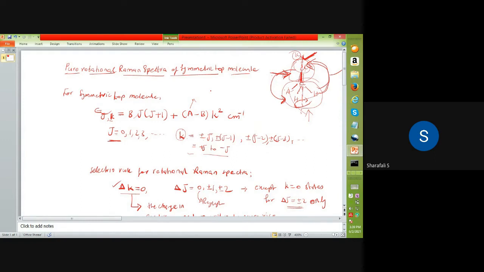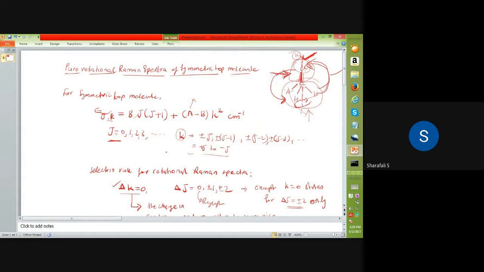So delta k equal to 0 means this particular rotation does not give any transition. There is no energy level difference, basically, because delta k equal to 0 means that one-to-one case you can consider. So there is no basic difference which is happening in that particular transition, because that state is that state.